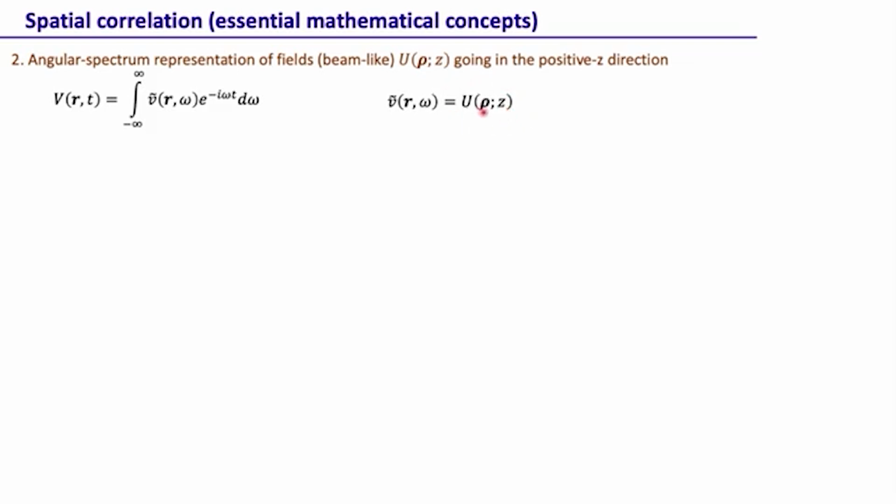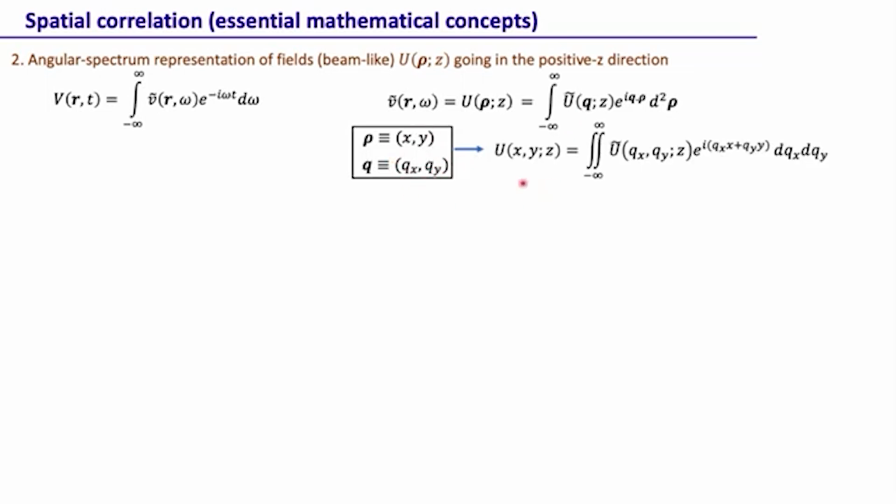Now this u(ρ, z) can be written in terms of a Fourier transform, and here this is a two-dimensional Fourier transform. R is a three-dimensional variable, but ρ is a two-dimensional variable, so R is basically ρ, z. So x, y we are writing as ρ, and q, which is the spatial frequency, the conjugate basis for ρ, we write as qx, qy.